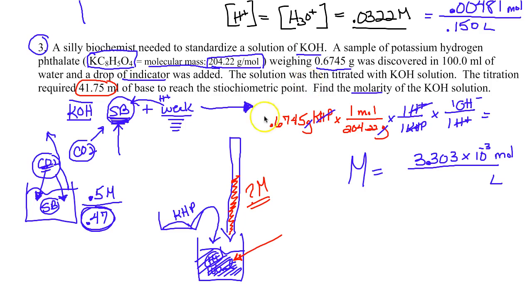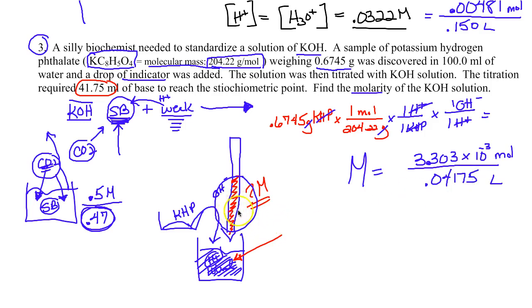Things we'll talk about, but bottom line is, what is this concentration? Well, the amount of hydroxide that was needed to be added is equal to the H pluses. So party people, in the amount of base that was added, which is 41.75 milliliters, that's going to be your value: 0.04175 liters.